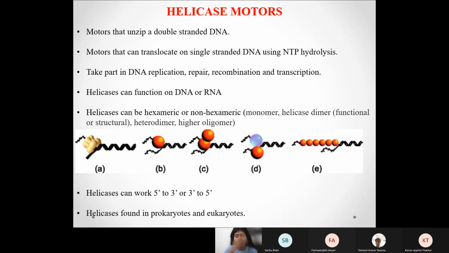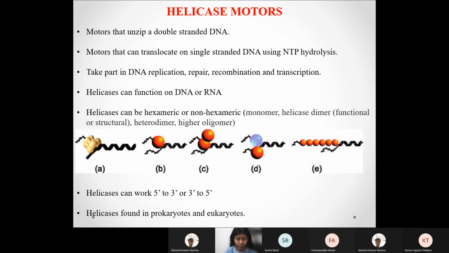For this activity, they use the energy of hydrolysis of the terminal phosphates from NTPs. So it could be ATP, it could even be TTP, as we have seen yesterday. The hexameric helicase from T7 was using TTP for the hydrolysis of TTP to drive the unwinding of DNA.